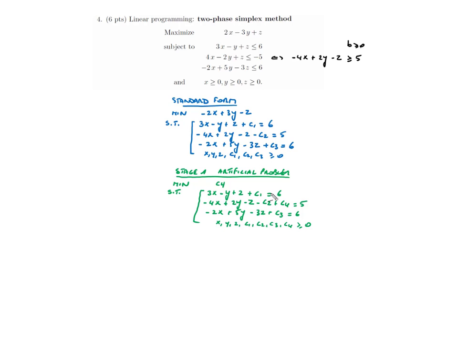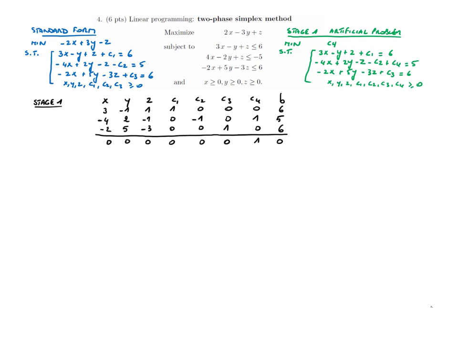Do not add more artificial variables than necessary, otherwise you'll end up with an artificial problem that is more complicated. If this problem has a feasible initial basic solution, well, this problem will have a solution with the cost 0, which means that the artificial variable C4 will be 0. So we'll start by solving this stage 1 artificial problem.